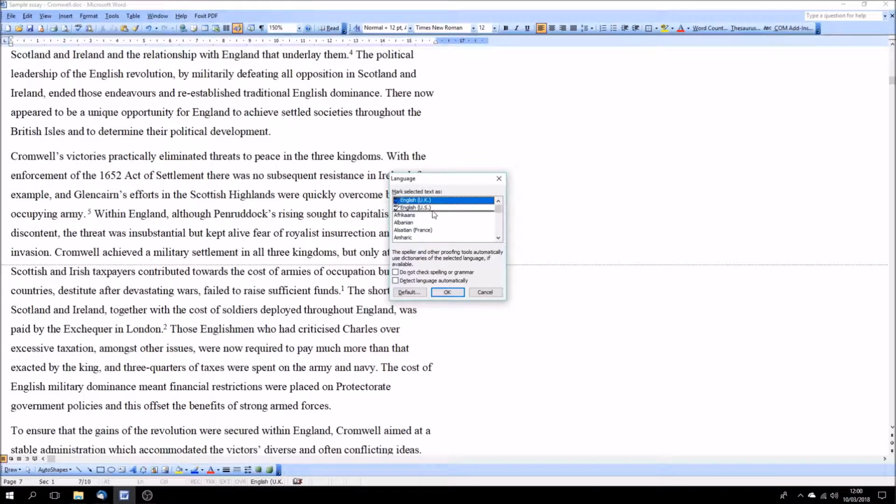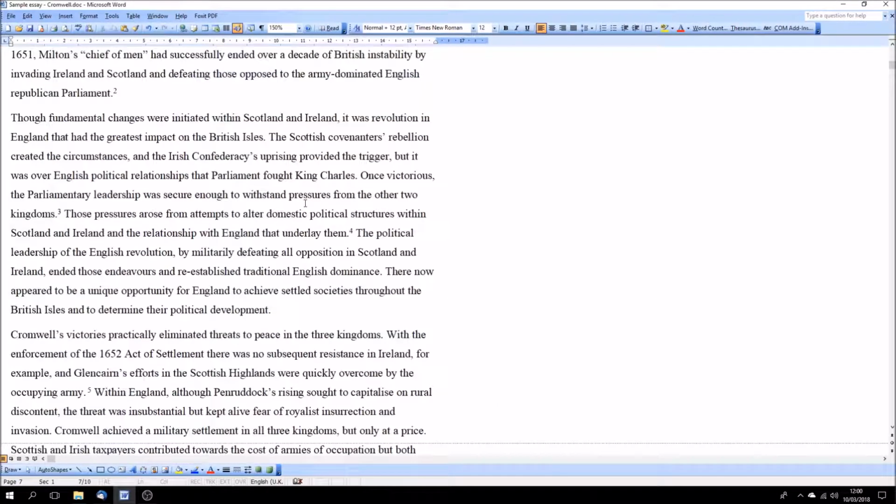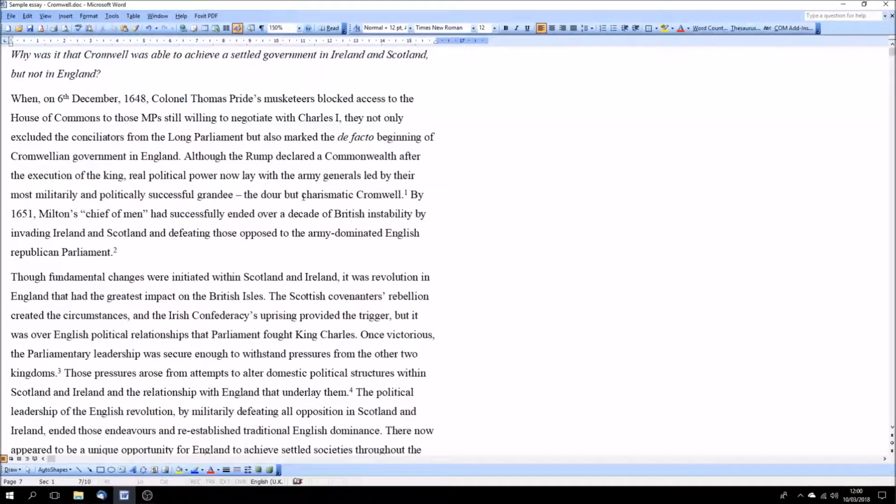So if I switched over to US English, which I'm not going to because I don't want to mess things up here, I would find a whole series of words highlighted as incorrectly spelt, and that's because of the differences in spelling between US English and UK English. So of course you have to set your dictionary to the correct form of English relating to your institution, and to make sure that your essay is spelt correctly.